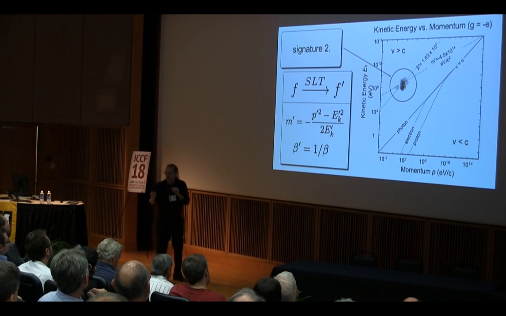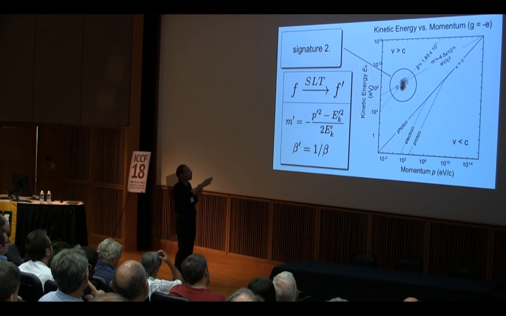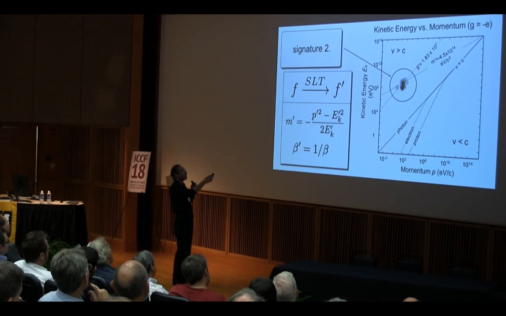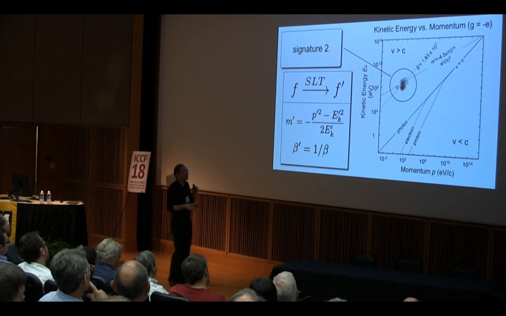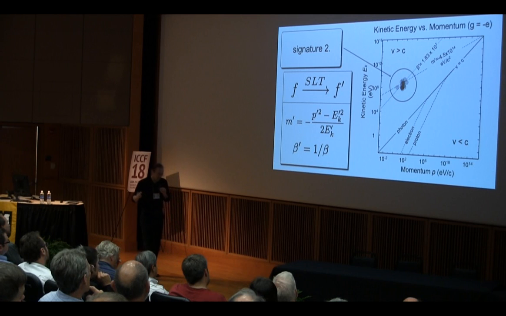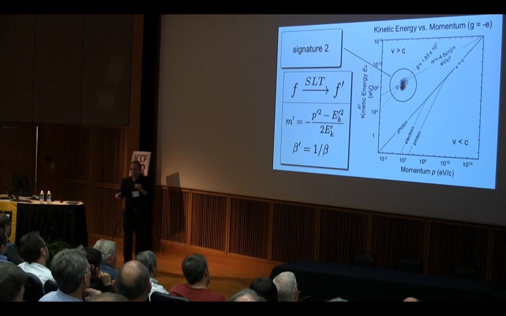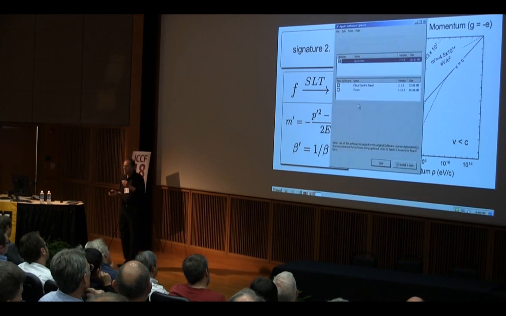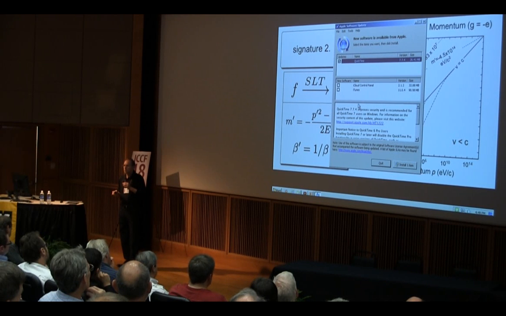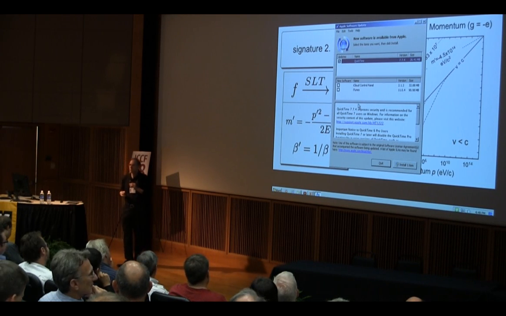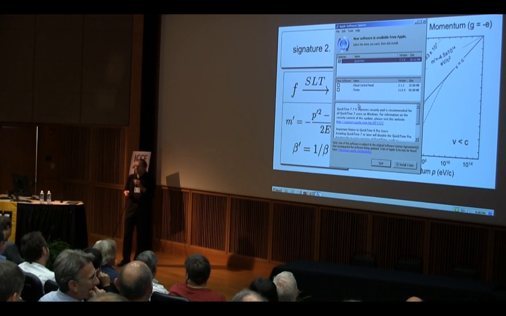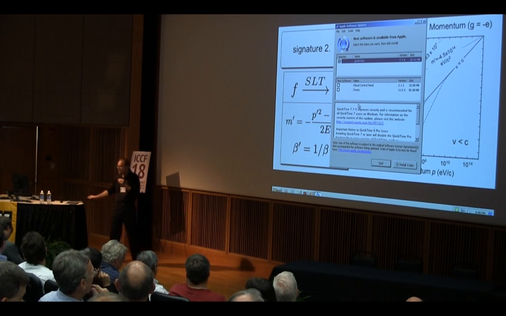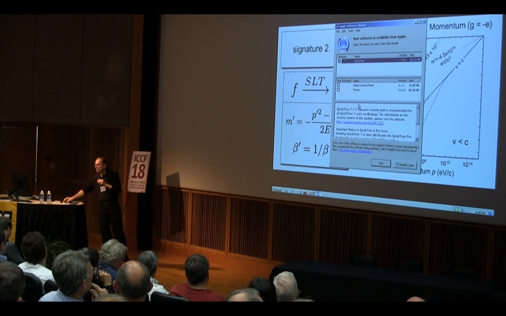The mass, and this is all very preliminary data, that I found using the superluminal Lorentz transformation is 4.5 times 10 to the 14 electron volts per c squared. So it's heavy. Is the speed you're talking about phase speed or particle speed? Particle speed.